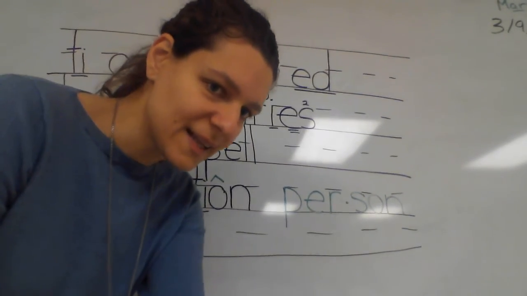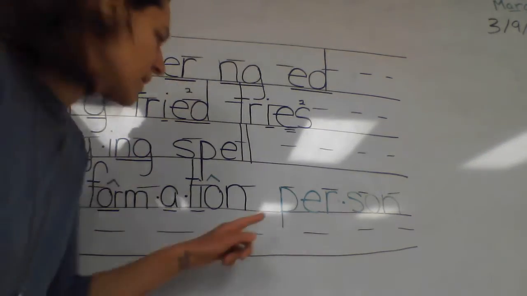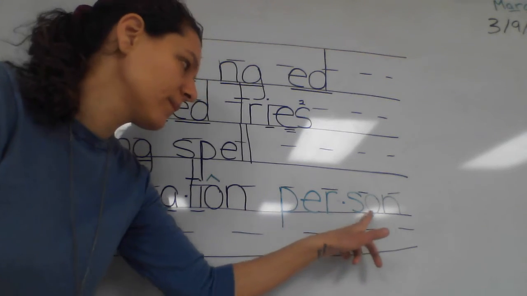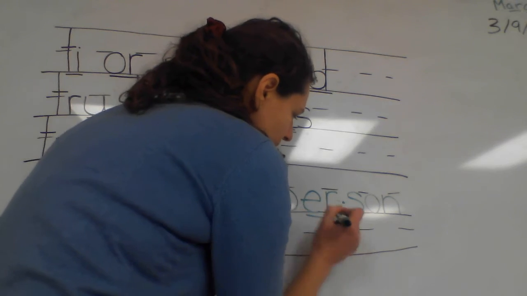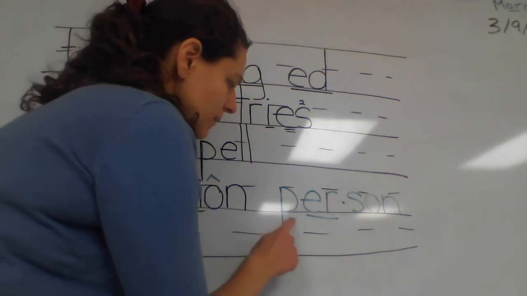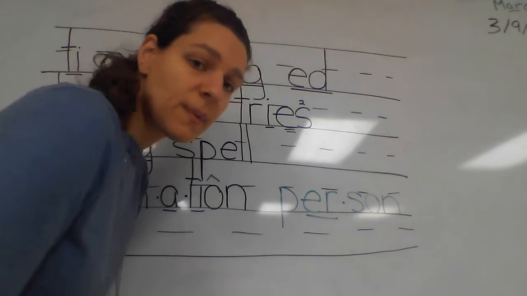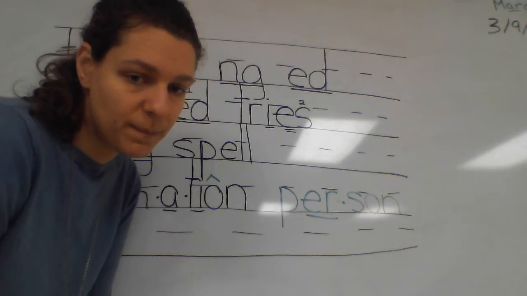Make sure your word looks like that. Let's mark it. Good. All right, pick up your pencil and mark it. And let's read our word. Good, so to spell it, we say person. When we're talking, we say person.